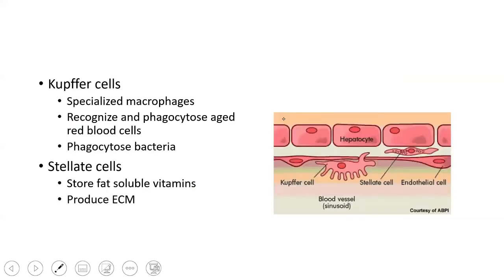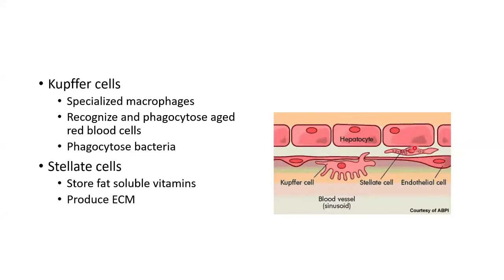And there are 2 more types of cells within the liver, the Kupffer cells and the stellate cells. Kupffer cells are found within the blood, within the sinusoids, and they are modified macrophages. They phagocytose red blood cells and bacteria, things like that, and digest them, right?